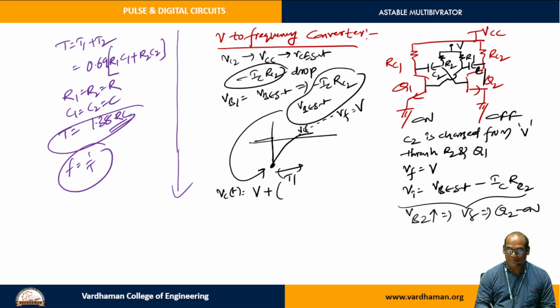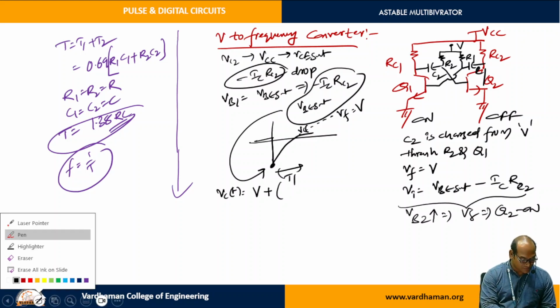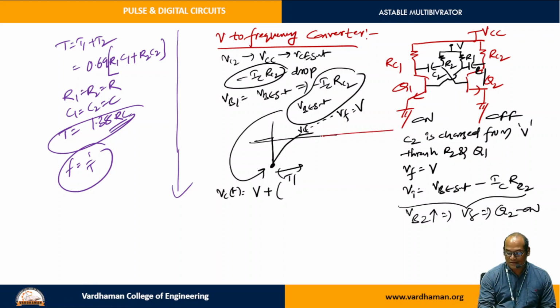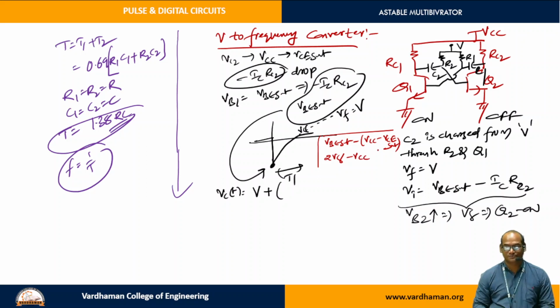But from our previous knowledge, VB sat minus IC RC2 can be written as VCC minus VCE sat.